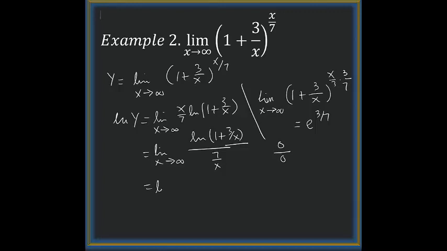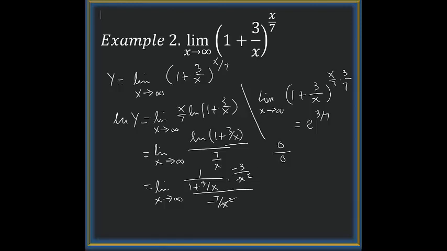So what we do now? Keep the limit here, take the derivative. We know the derivative of natural log of x is 1 over whatever we see, so 1 over (1 plus 3 over x) times, now I need to take the derivative of the inside with the chain rule, and you have seen already from the motivation that the derivative of 1 plus 3 over x gives me negative 3 over x squared. And the denominator 7 over x gives me negative 7 over x squared.